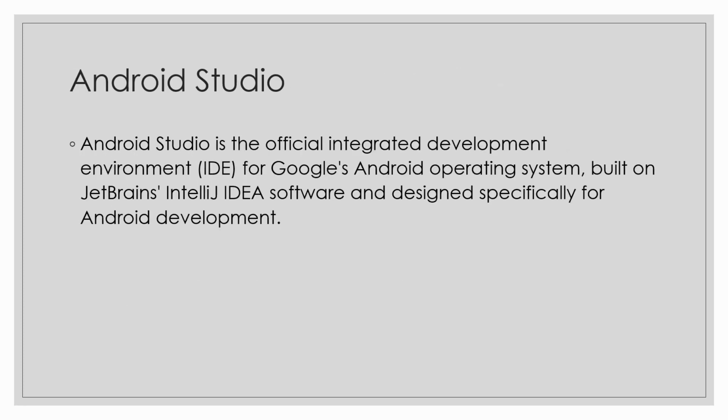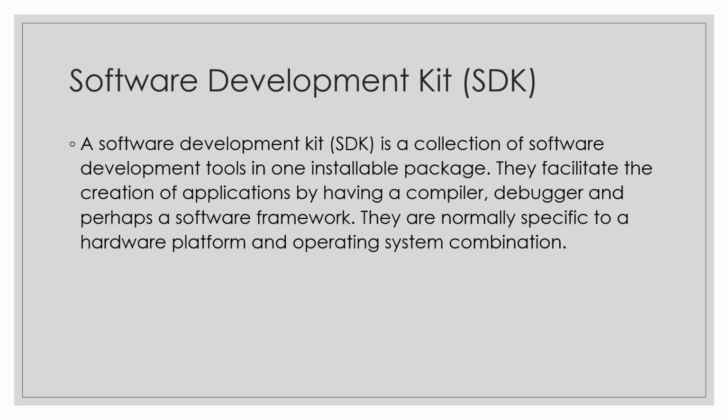The second tool is the Software Development Kit, SDK. An SDK is a collection of software development tools in one installable package. They facilitate the creation of software applications by having the compiler, debugger, and perhaps a software framework. They are normally specific to a hardware platform and operating system combination. So an SDK has various software development tools in one package.